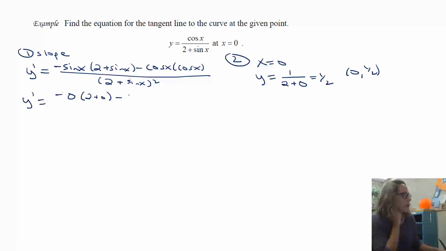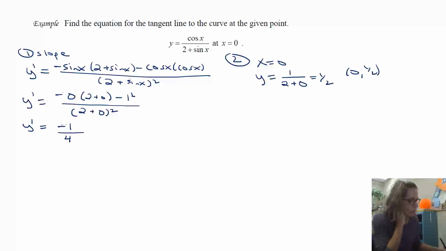Minus cosine 0 is 1, and another cosine 0, so we basically have 1 squared. Then I'm going to divide that by the denominator, 2 plus sine 0, which is 0. So it's going to look like this. And then as I simplify this, I'm going to end up with negative 1/4. So there's my slope.